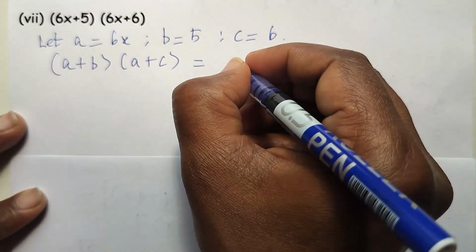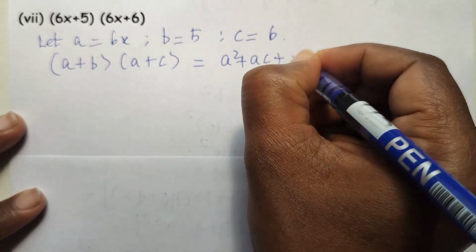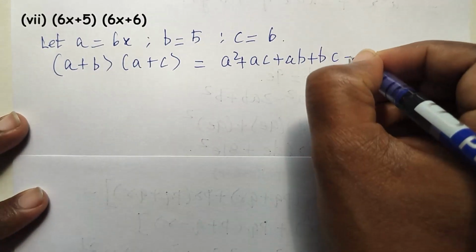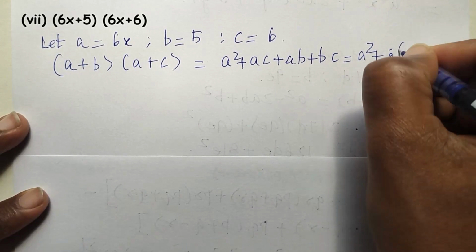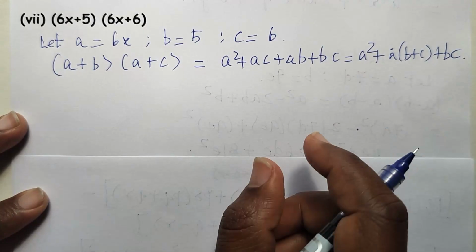So (a plus b) into (a plus c) will be a square plus ac plus ab plus bc. So when you take common, it will be a square plus a common, (b plus c), plus bc here.